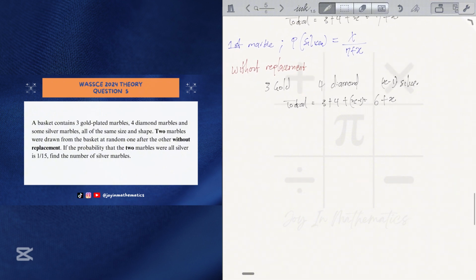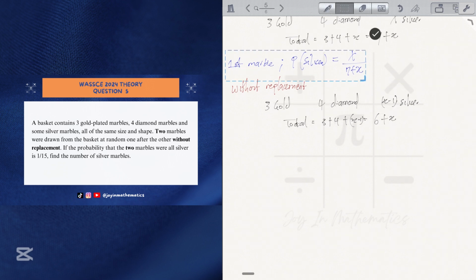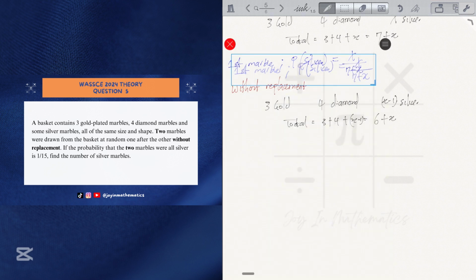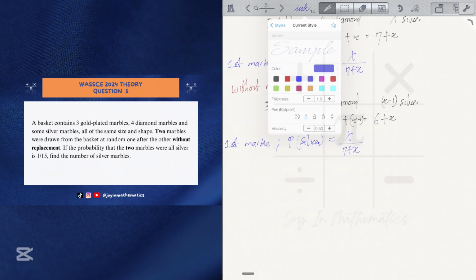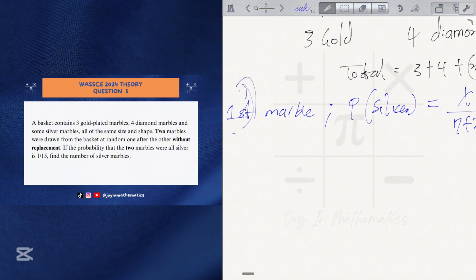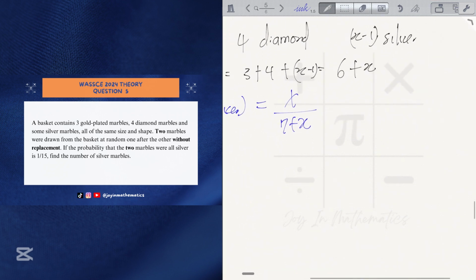Now what is the probability that the second marble will be silver? If you duplicate this and find it instead for the second marble, it will be x minus 1 divided by 6 plus x. So that's the difference.